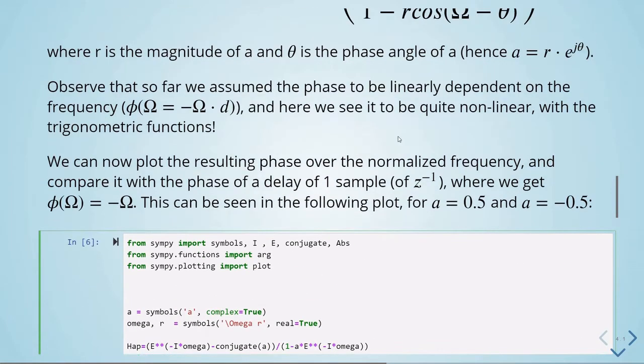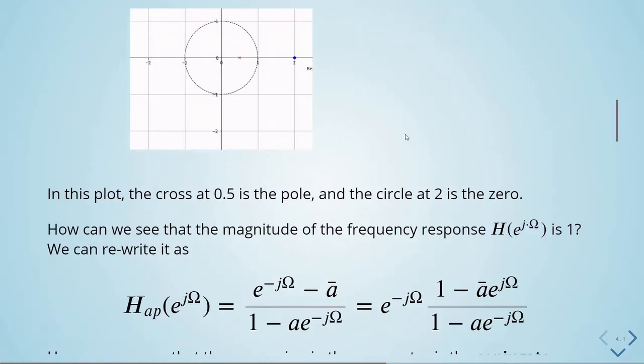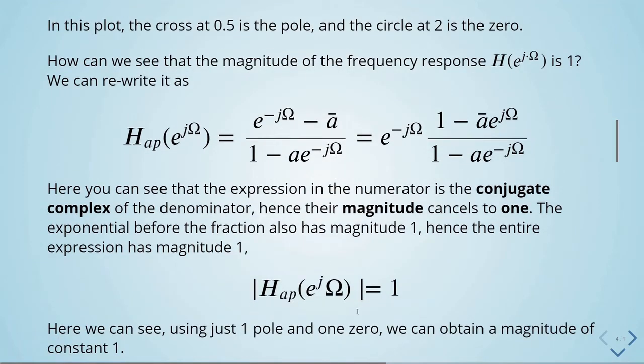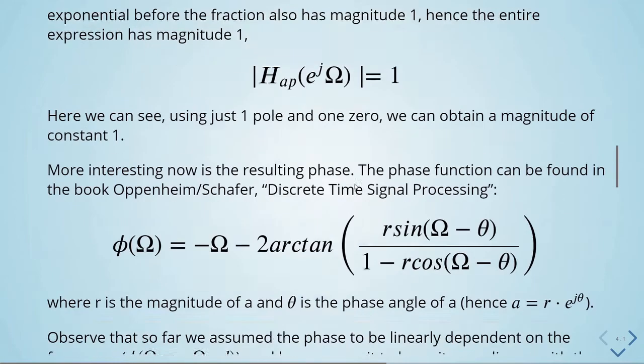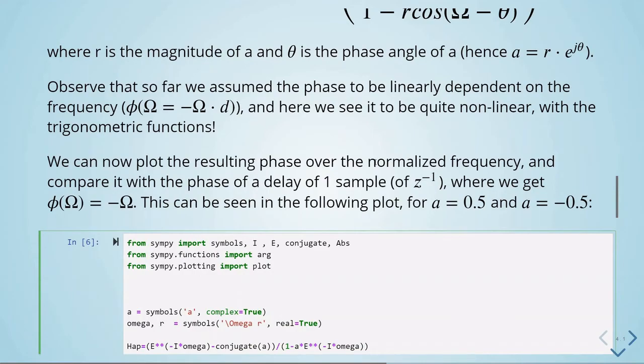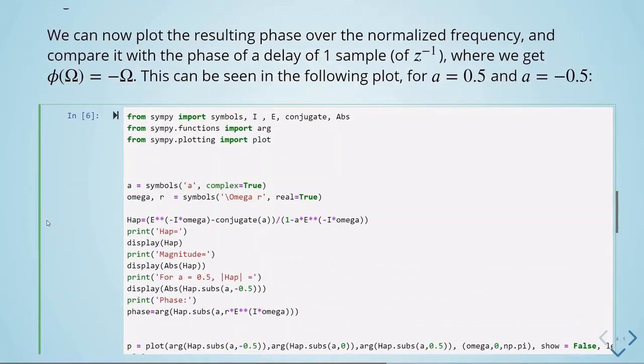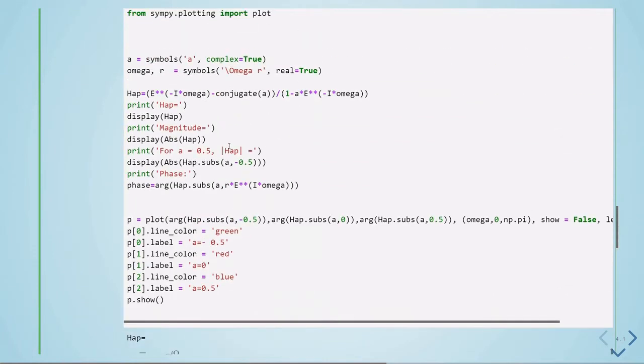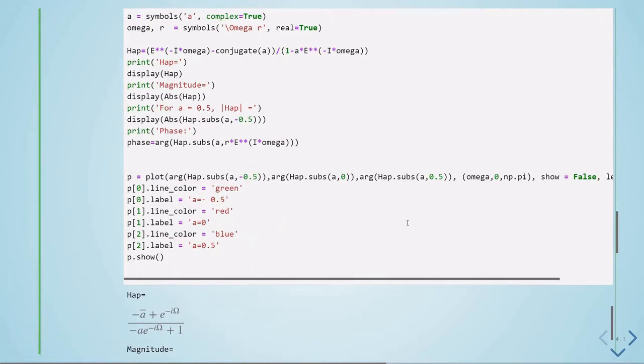Going back and recapitulating, I had this transfer function here with one pole and one zero. I wanted to see that the magnitude is equal to 1, so I defined this in SymPy. Then I call this ABS, which gives us the magnitude, and it gives magnitude equal to 1. So no matter what a we replace here, we will end up with magnitude equal to 1.